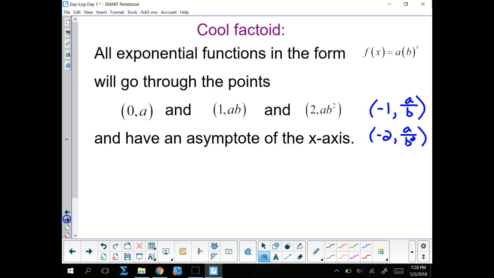On top of that, they will always have the single horizontal asymptote, there's no vertical asymptote, of the x-axis.